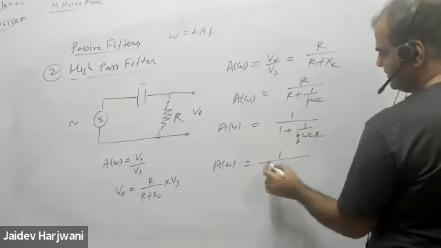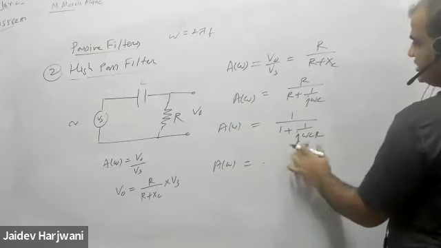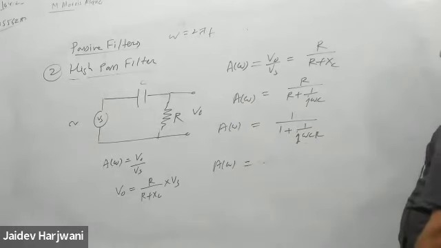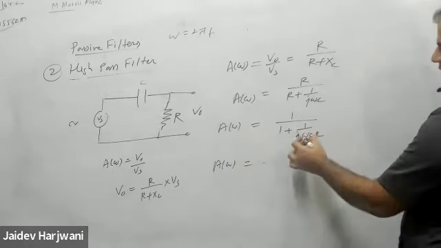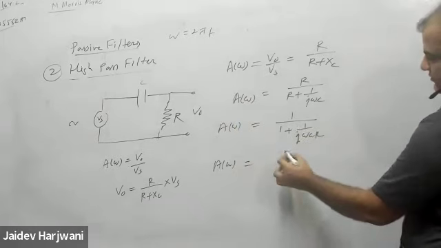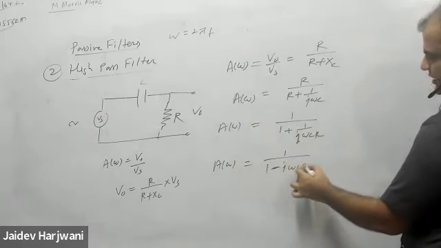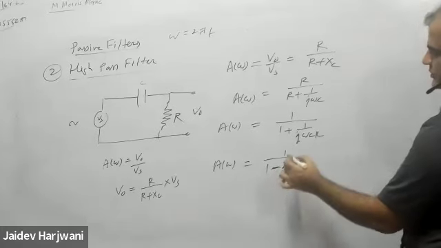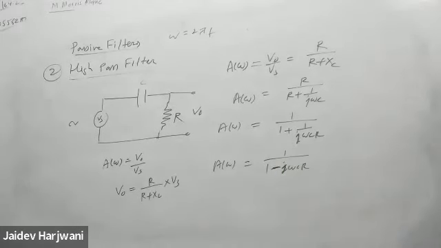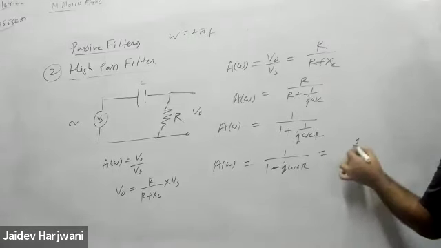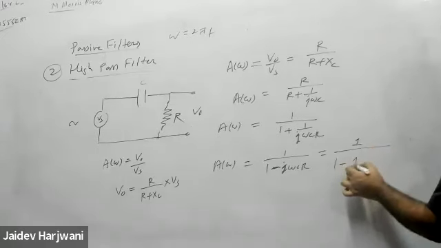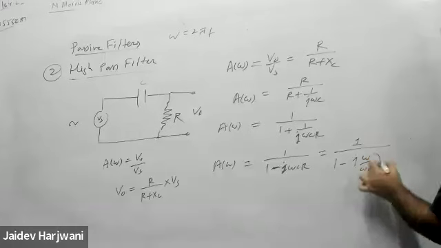So this formula will become, now you have j here, so you multiply j up and down. So this becomes 1 upon 1 minus j omega C R, and this you can also write as 1 upon 1 minus j omega by omega C.